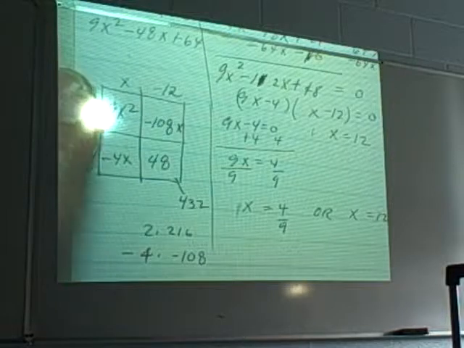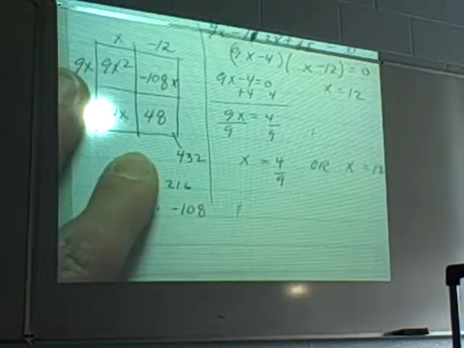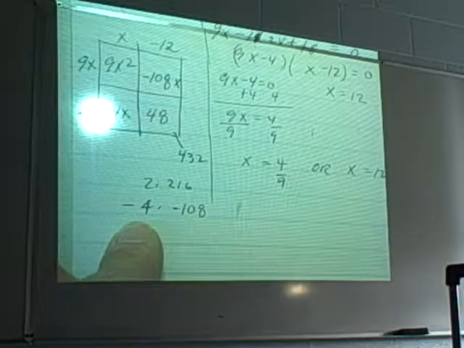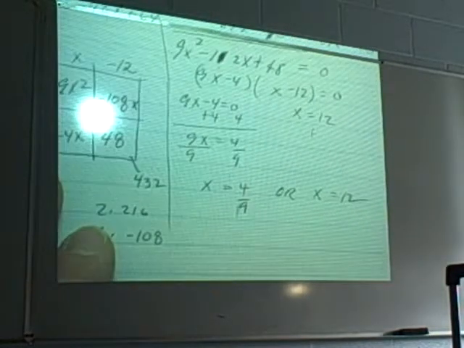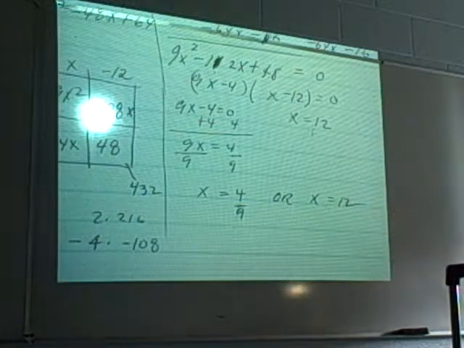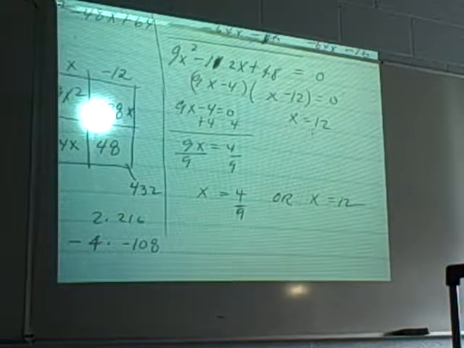There you go. For me, that's how I factor. And I was again able to think, oh, I found them pretty quickly. And I knew that the factors would be 9x minus 4, x minus 12, and the answer actually is x equals 12. It's funny how one number.